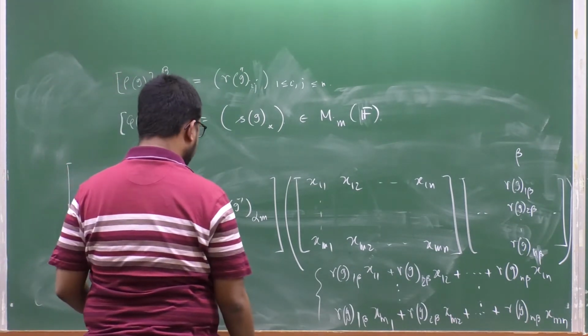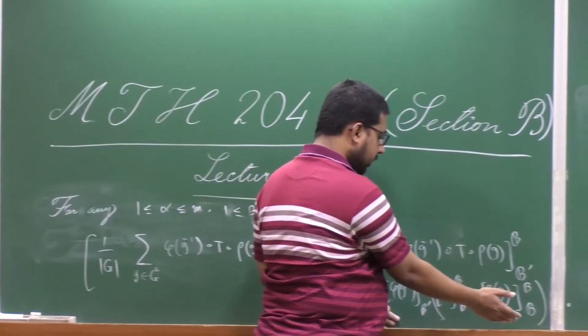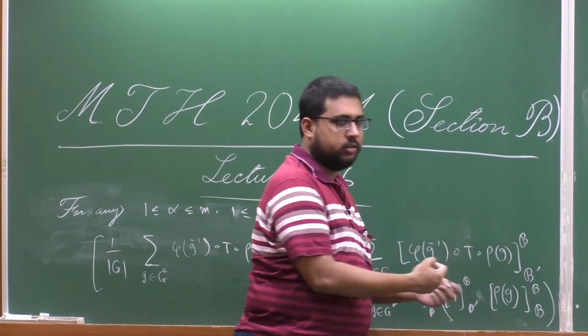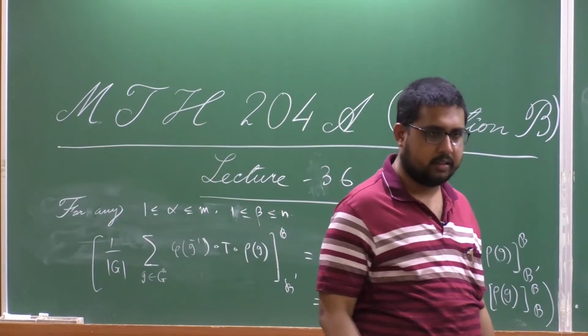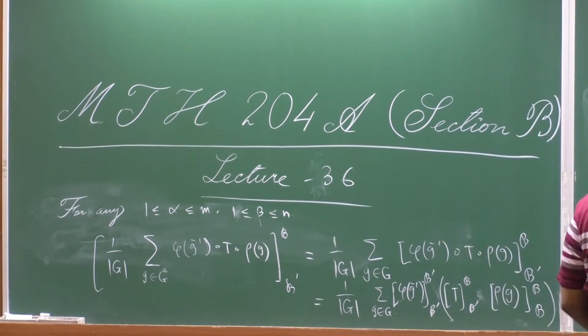And now the entry at the alpha beta position of this matrix corresponding to this G will be simply this.